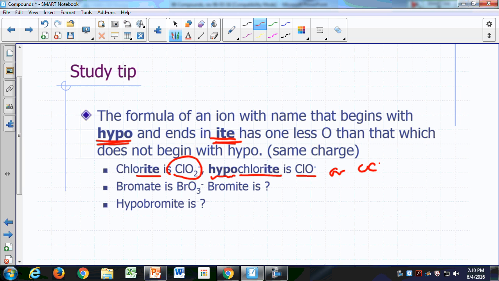Oftentimes, this is also written as OCl minus. Same thing. Bromate is BrO3 minus. If you remember, what would bromite be? BrO2 minus, one less oxygen. And if I put a hypo in front of bromite, the formula becomes BrO minus, BrO -1, or OBr -1.